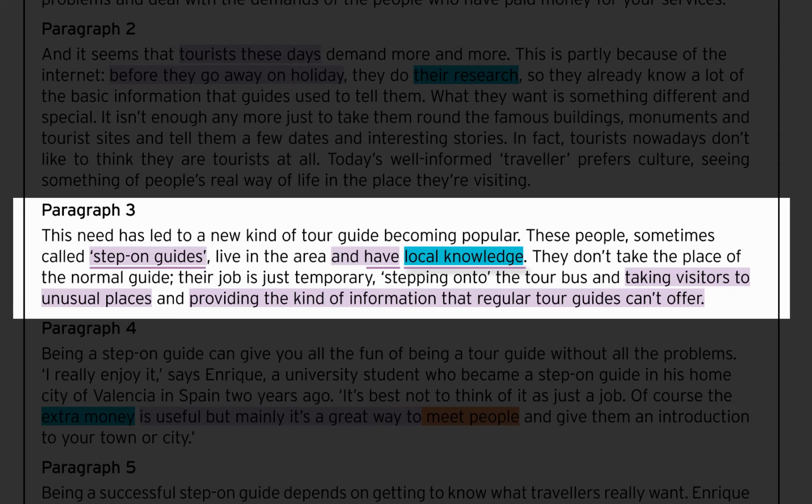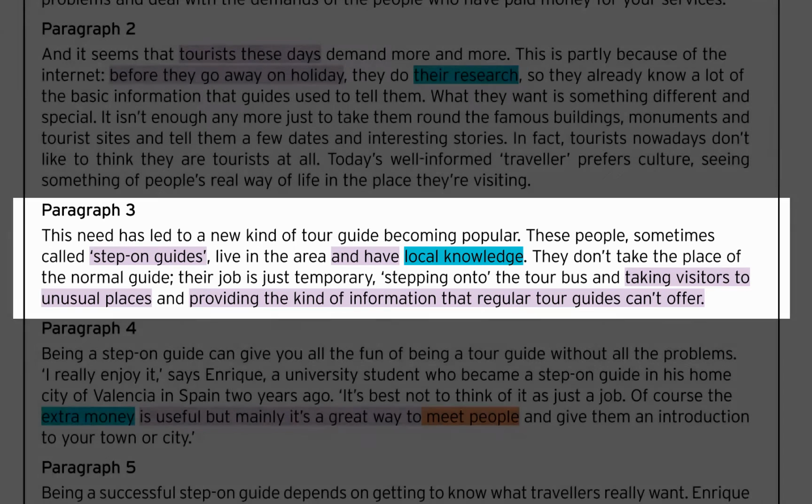In this case, you could just write knowledge and you get the marks for this. If you write local knowledge, that's also fine, but remember, you don't need to. So it's a good idea to write more words if you think you can find information that is relevant.